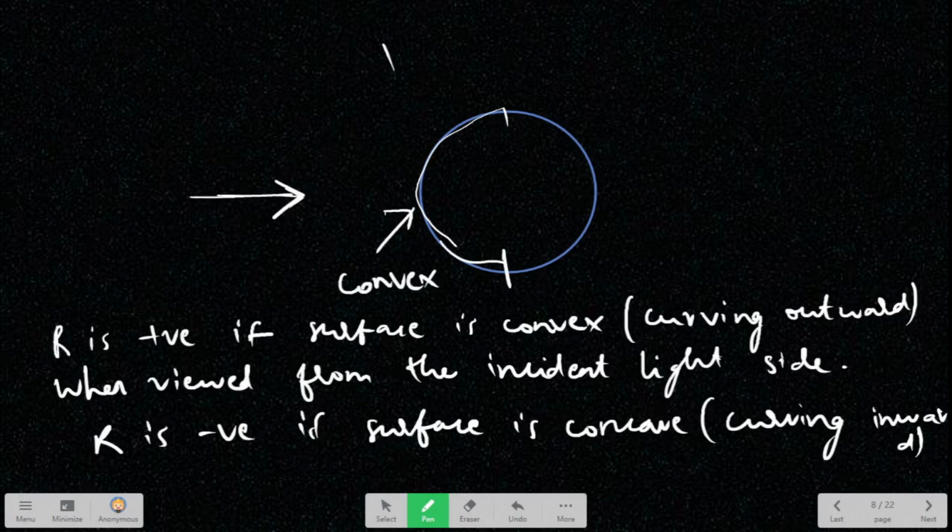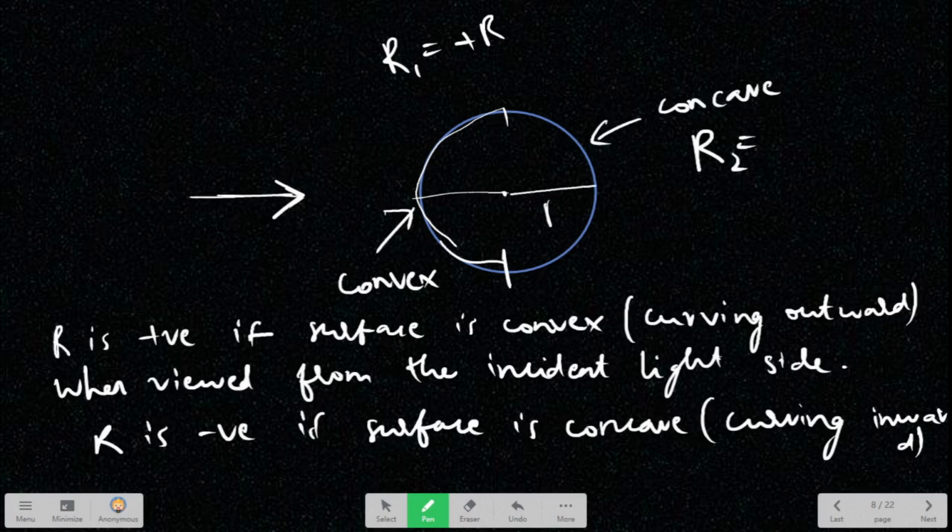So that means R1 is positive and its value is plus R. And for the second surface, this surface right here, it is concave when viewed from the incident light side. So R2 value is R with a negative sign, because when viewed from the incident light side, the surface is concave. So that's why R2 is equal to minus R.